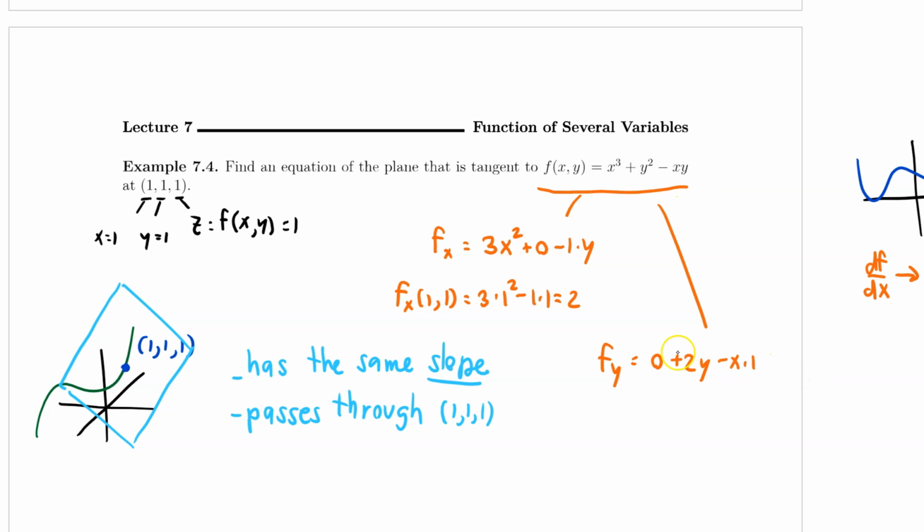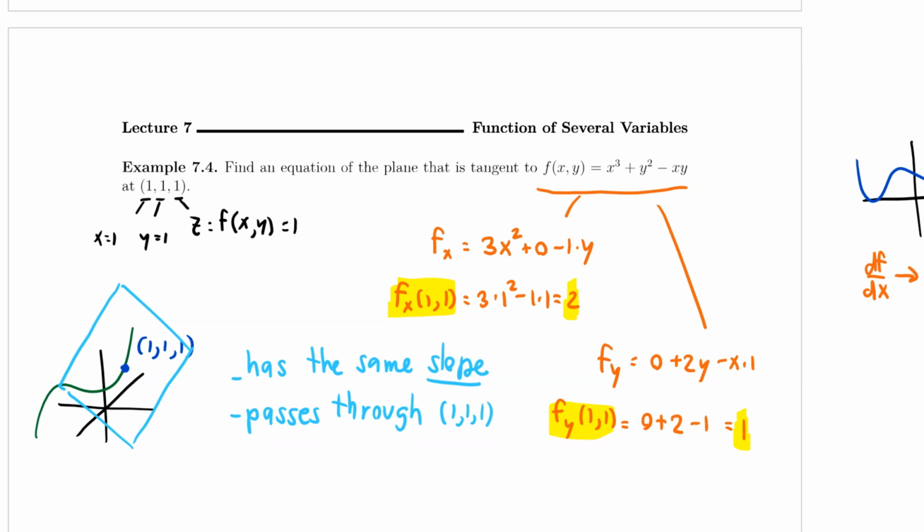And then again, if I evaluate this derivative at the point (1, 1), what I'm going to get is 0 plus 2 minus 1, and that is going to equal 1. So I found the derivative with respect to x equals 2, and the derivative with respect to y is equal to 1.